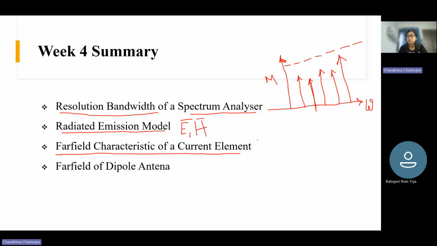The distance from the source, which is basically radiating, which is the cause of radiation. So when we are talking about far field characteristic, the distance is significant. And then far field of dipole antenna.